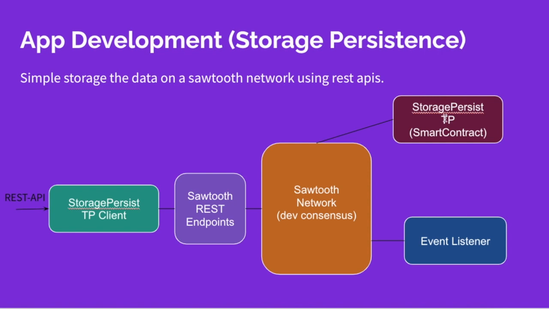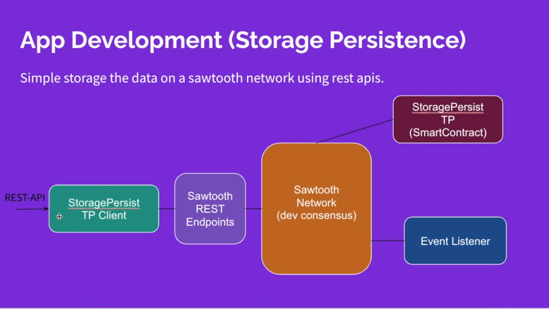We will also include some events which you can listen to with event listeners. To communicate with this network, we will be using the Sawtooth REST endpoint, and we will create one Sawtooth Persist transaction processor client to interact with the REST endpoints.